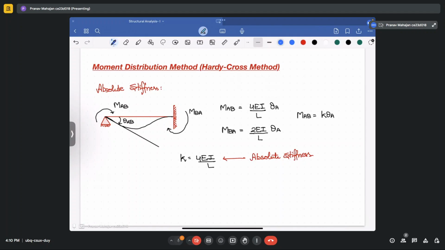However, this carryover moment MBA is half of MAB.